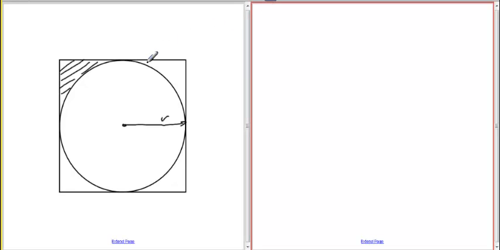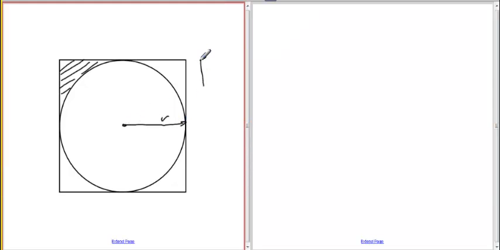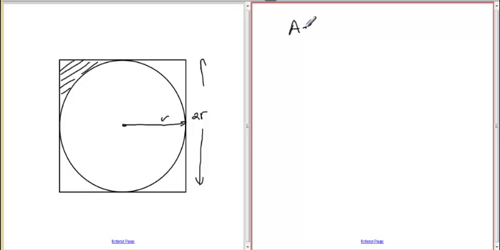And the way we worked that was we used subtraction. So if the distance from here to here is r, then each side of the square is going to be 2r. Because this is r, and then this is r, and you add them together to get 2r. So the area of the square is equal to the length of each side squared.